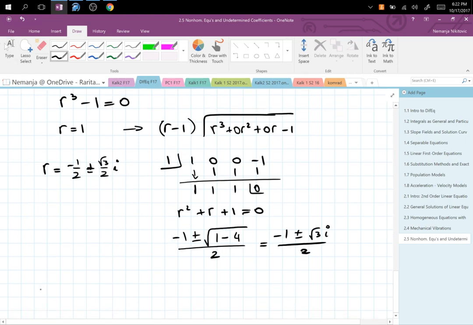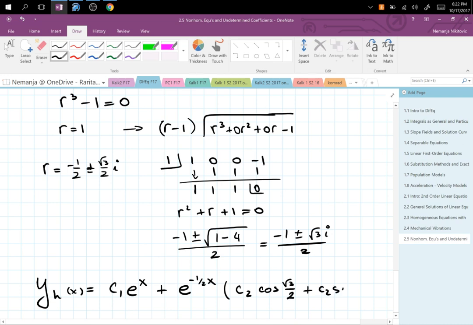So we are at the homogeneous solution, which is e to the r1 first. So C1 e to the x plus e to the negative 1/2 x, open parenthesis, C2 cosine root 3 over 2 x plus C3 sine root 3 over 2 x. Oh, I forgot the x over here.